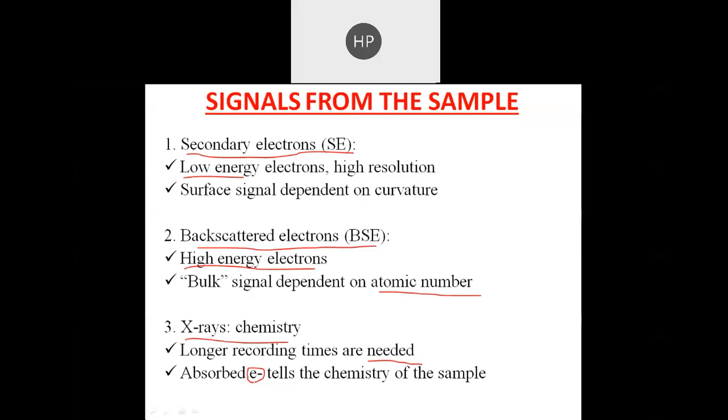Based on the electrons absorbed by the sample, we are able to identify the chemistry of the specimen. So these are the three signals that we generally get from the specimen as the electron beam strikes the sample.